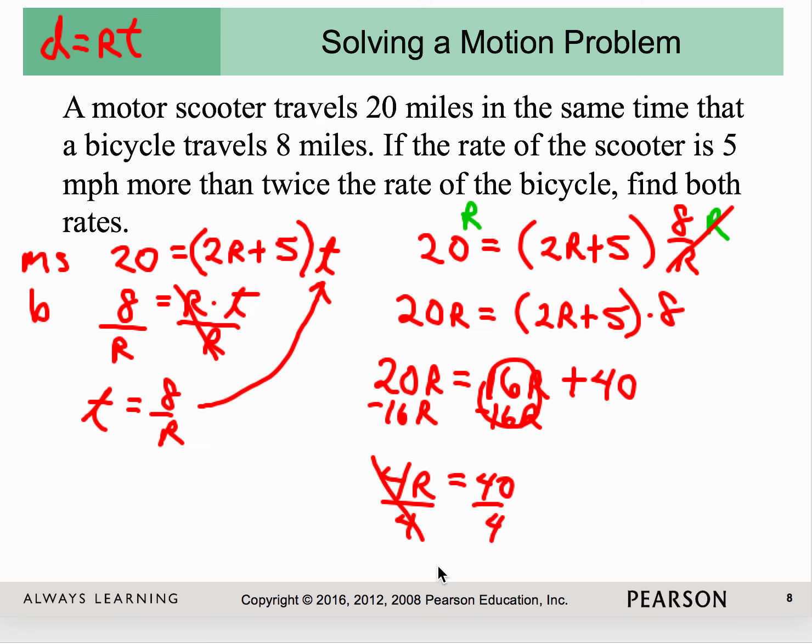R is 10. But which one was 10? Yeah, the bicycle. This one's 2r plus 5, it's faster than the bicycle. So r is 10 miles per hour for the bike. And then 2 times 10 plus 5, so 25 miles per hour for the scooter.